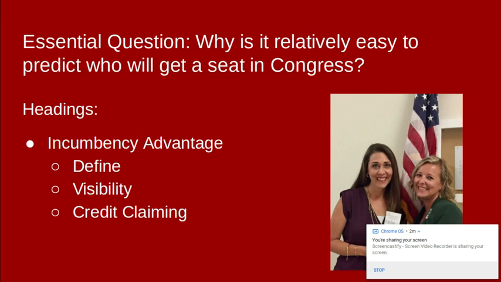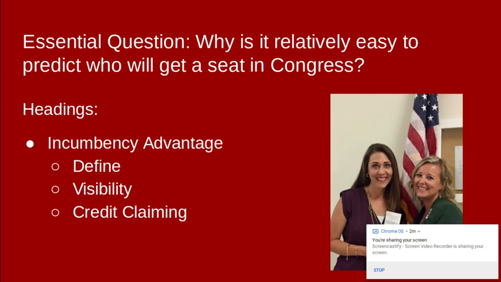So now that we have a little bit of an understanding of the definition of an incumbent, I want to make sure you have a sense of how often an incumbent gets reelected. Now, I'm going to stay focused on the House race and the Senate. So we're going to talk about Congress and we're not going to be talking about the presidency today. But in the House of Representatives, it is a 90% likelihood that the incumbent is going to win re-election.